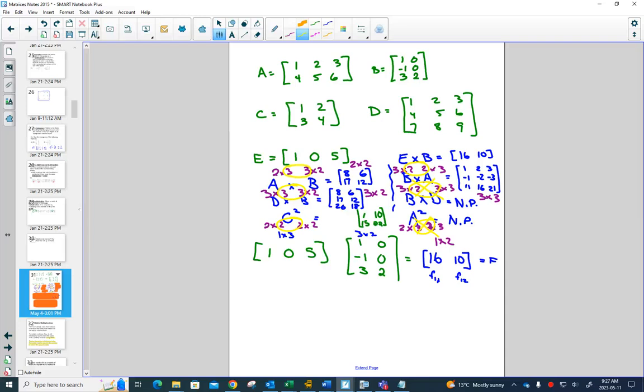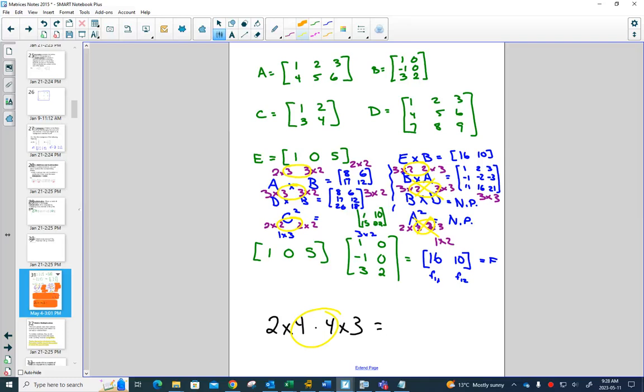Rule number 2: can you figure out, for example, I'm going to make up a 2 by 4, and I'm going to multiply it by a 4 by 3. Can you see that that would be allowed, because these middle numbers are the same? How big is my answer? You see the pattern in the size of the answer.